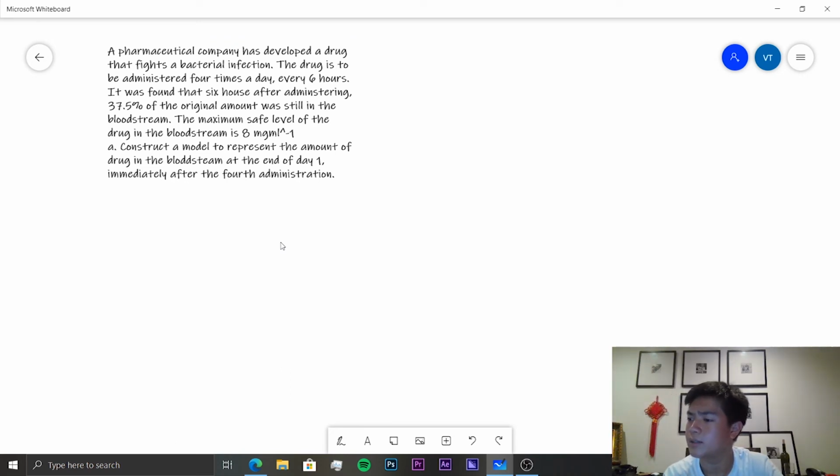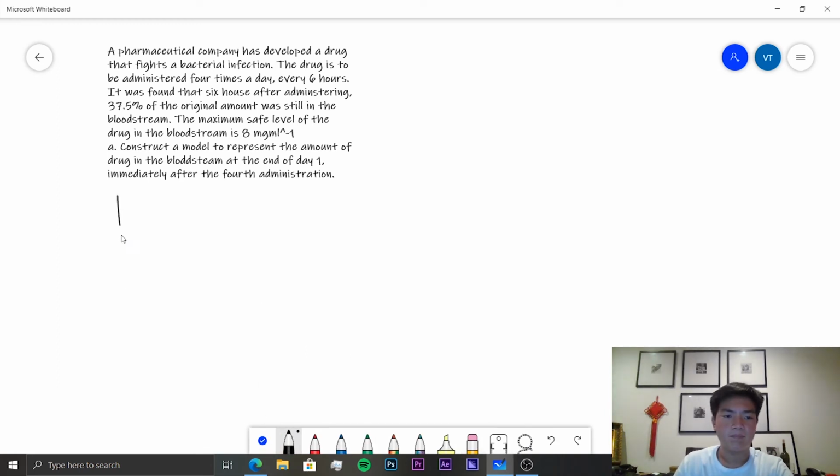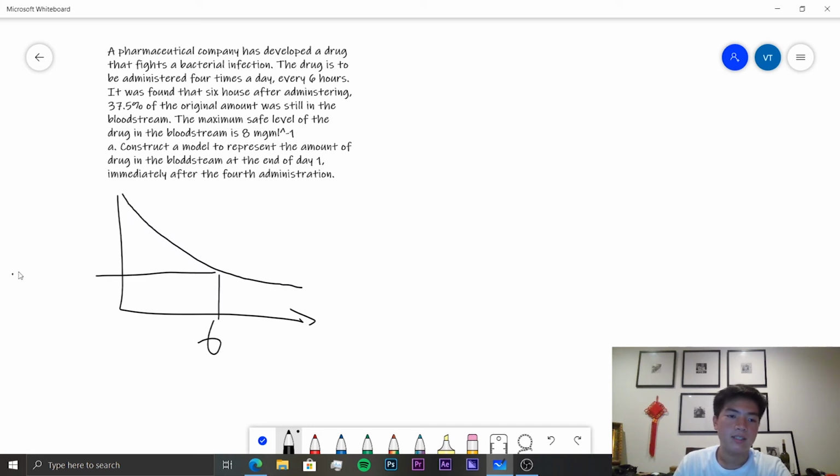Okay. So I think what they want us to assume is that this drug, once injected, decreases in some sort of exponential curve, so that after 6 hours, only 37.5% is left in the body.